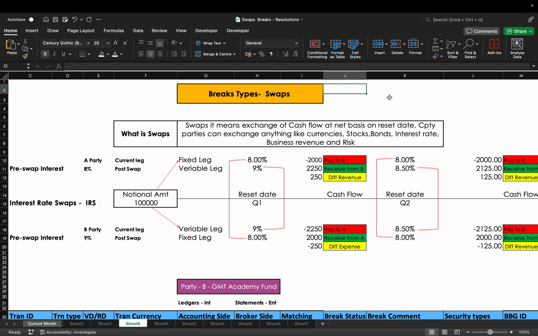For example, let's say I have taken a personal loan of 1 lakh rupees, and I'm paying a 9% interest rate to HDFC Bank. On the other hand, another counterparty has taken a loan from Axis Bank, and they are paying around an 8% fixed rate on the loan amount.